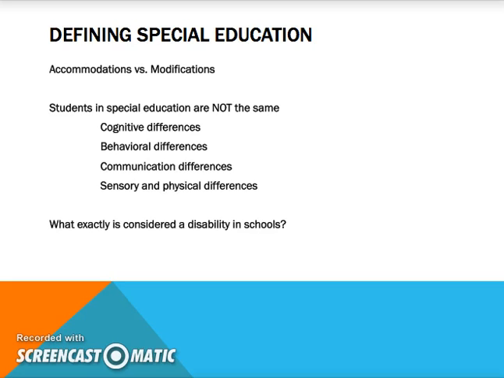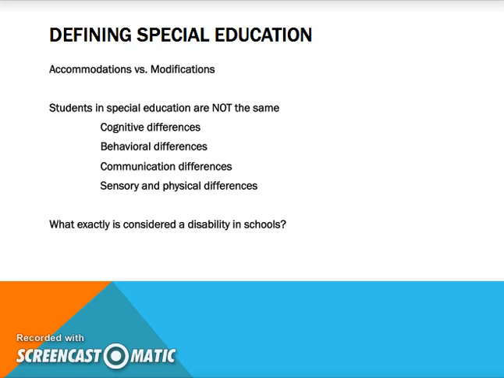We also have students with behavioral differences. So cognitively, these students may be average or above average. However, they have a behavioral disorder that causes them difficulty in the classroom. Communication differences is another area. Students who either have a processing problem, so maybe they struggle with their receptive language.